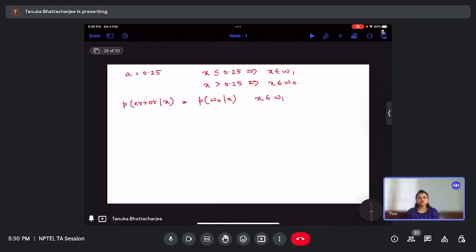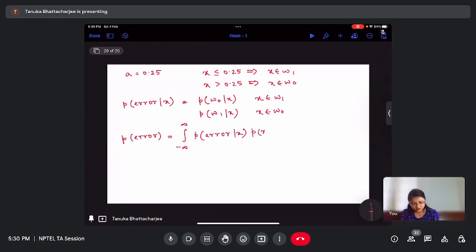So, the probability of omega 0 given x is the probability of error when you are assigning to class omega 1. And if you are assigning to class omega 0, then the error is probability of omega 1 given x. Now, if you have been asked to compute the entire probability of error, that will be equal to the integration from minus infinity to infinity of probability of error given x into p of x dx.